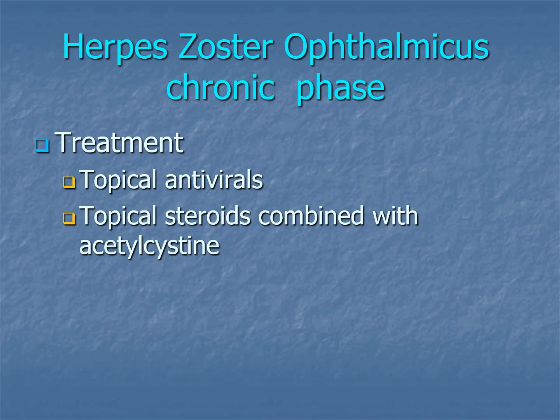So what is the treatment of chronic phase? Use topical antivirals and topical steroids combined with acetylcysteine to curb the mucus formation, and tackle the post-herpetic neuralgia. You may need chemical denervation or surgical denervation of the nerve.